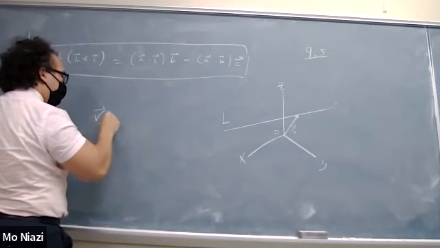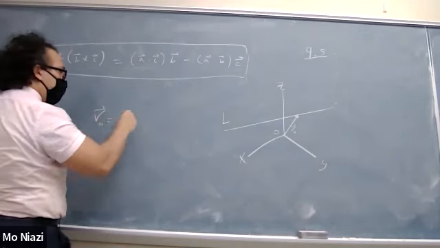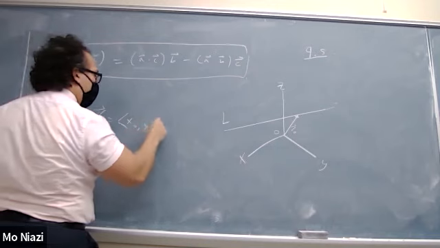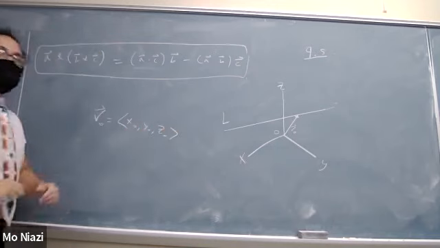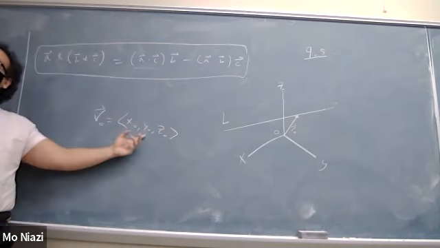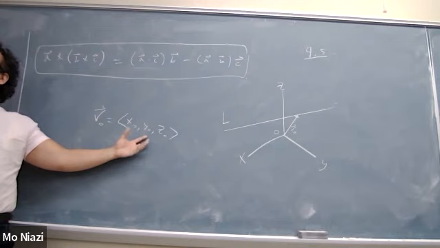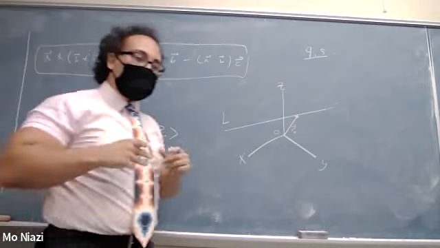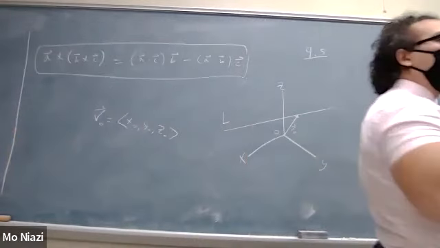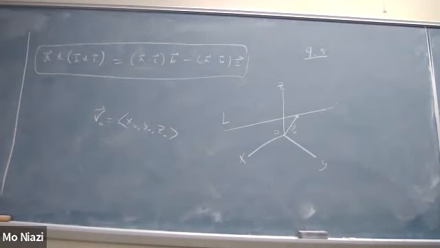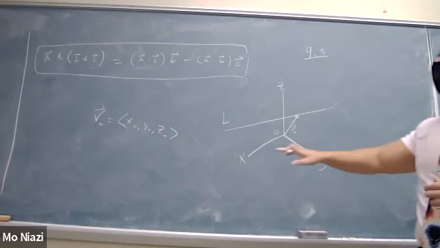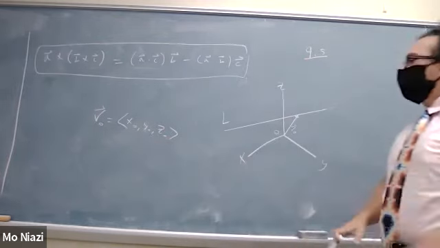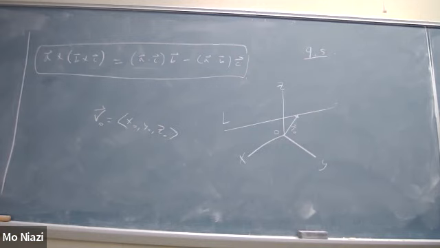The vector R naught, let's say it has these values, x naught, y naught, z naught. Naught just means, it's a historical notation of original or starting point. I think of it as original point, and that helps me remember it.